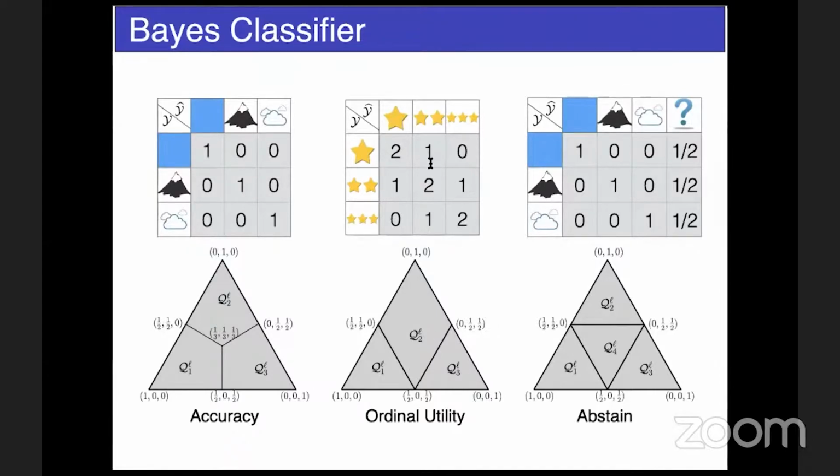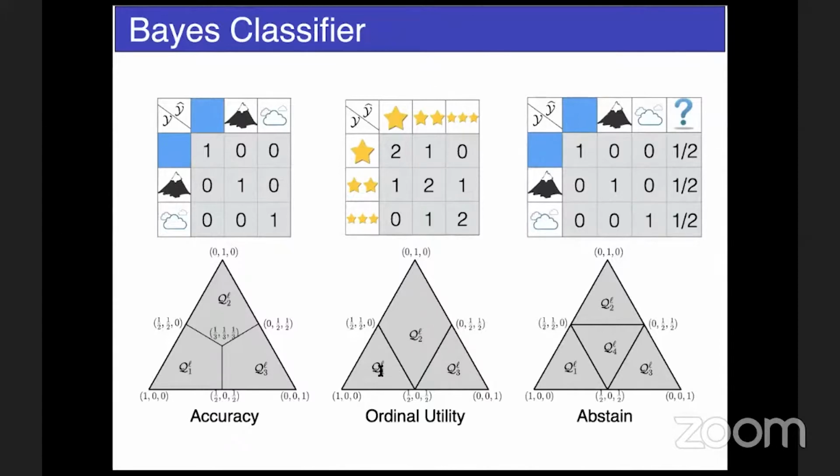You can see that for the star rating case, which corresponds to what is called an ordinal utility, the Bayes classifier changes. You can see that the region for predicting 2 is significantly larger in this case, and that kind of makes sense, right? Why is that? Because when you predict 2 stars, it's kind of hedging the bets. So it's more optimal to predict 2 in more situations.